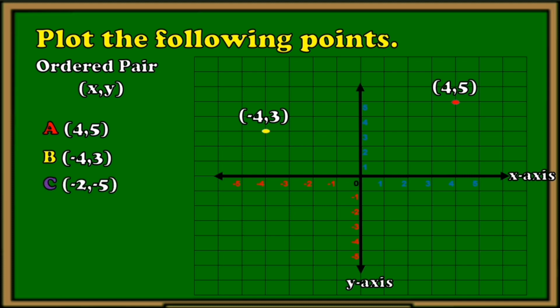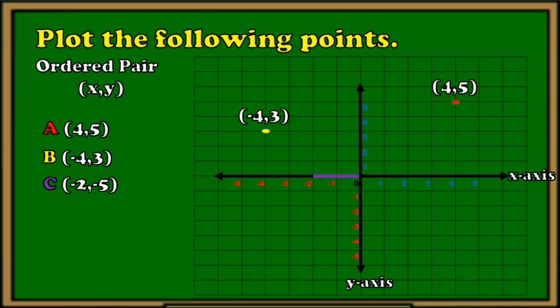Another example, point C has coordinates of negative 2 and negative 5. Let's start with the x-coordinate. That is negative 2. So we need to move 2 times to the left from the origin. That is 1, 2.